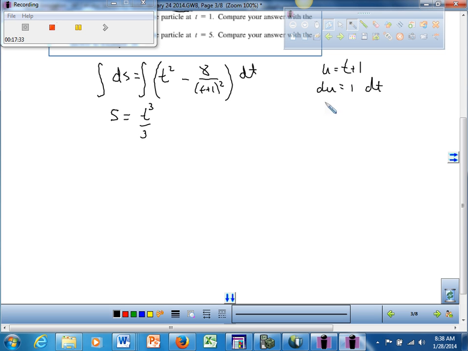And we get 8 times the integral of 1 over u squared du, which is 8 u to the negative 1 over negative 1, which is 8 times u plus 1 to the negative 1 over negative 1. So over here, I'm going to write it as plus 8 over t plus 1.